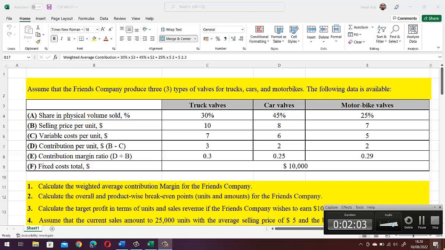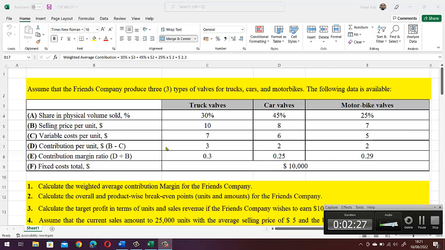The share in physical volume sold, the percentage share of each item, that is truck valves, car valves and motorbike valves, is given like 30%, 45% and 25%. The selling price per unit in dollars is given as 10, 8 and 7.